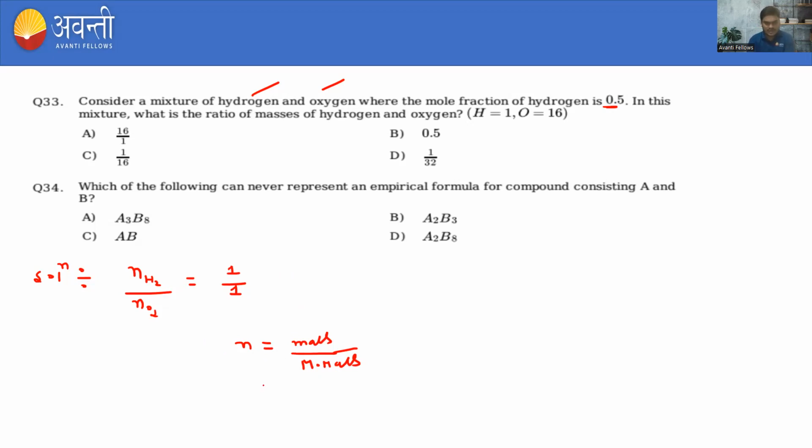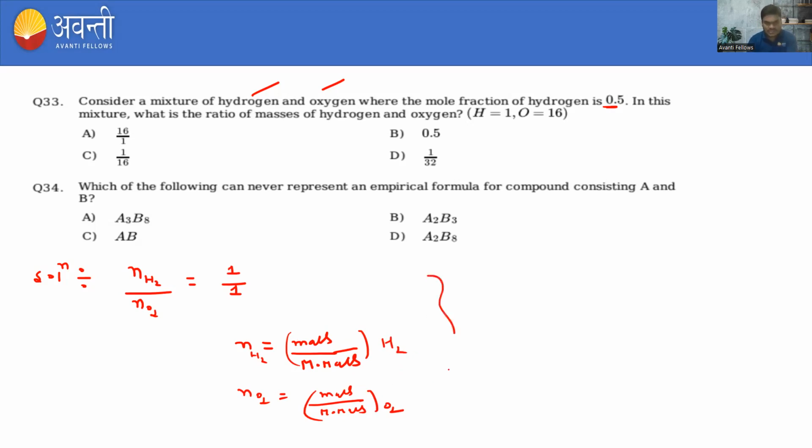Yes, we can obviously write this equation because their ratio comes out to be 1 by 1. Suppose this formula is for hydrogen. So similarly for the oxygen, we can write mass of oxygen divided by molar mass. So this is for O2 and this is for hydrogen, right?